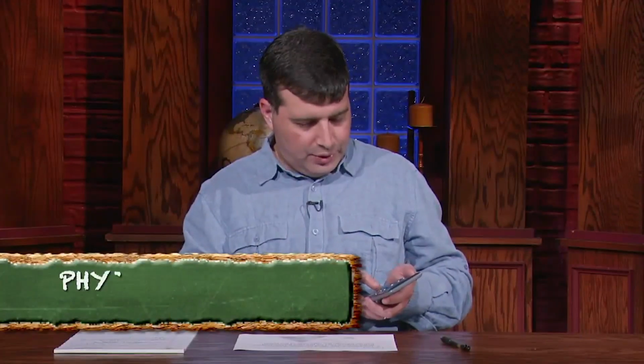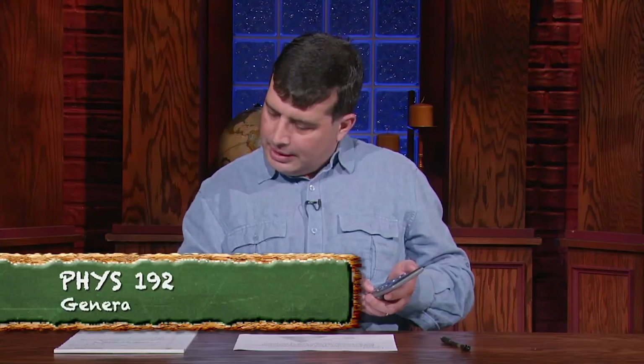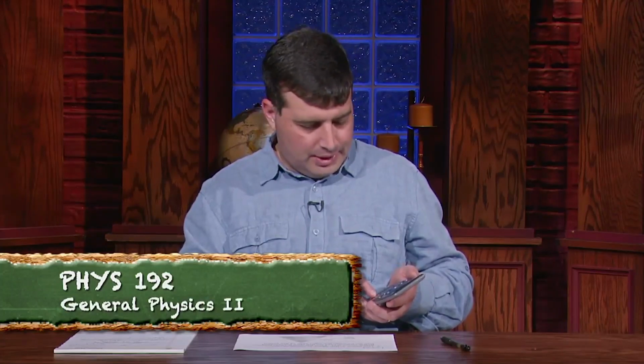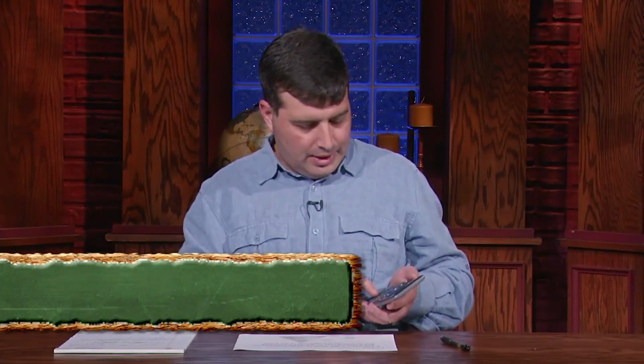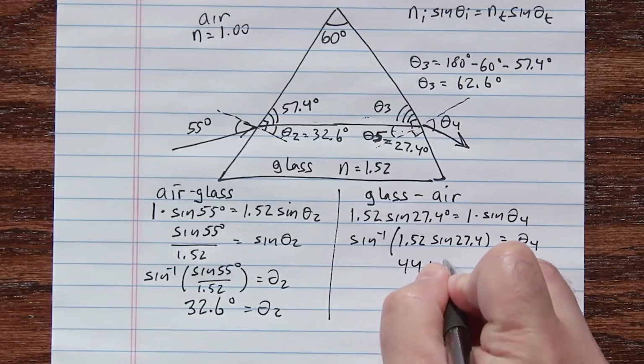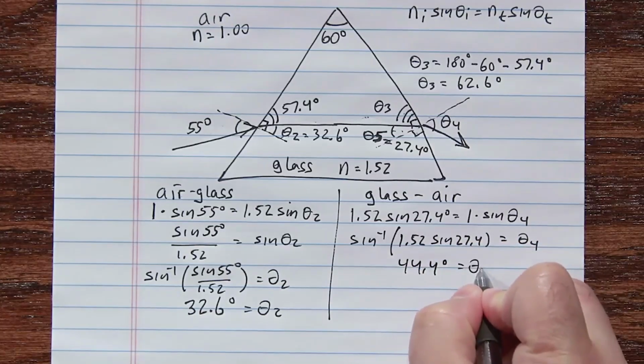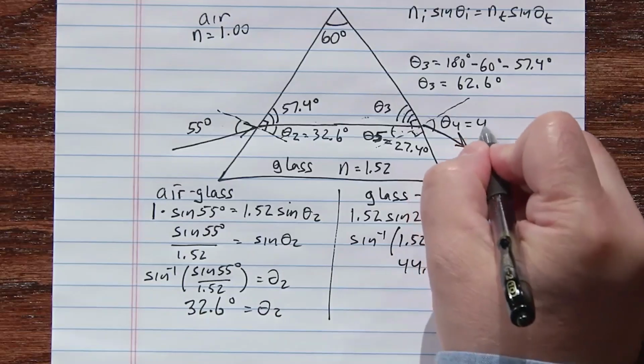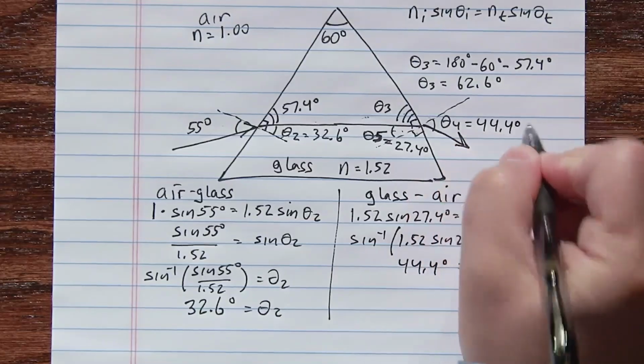And so what is that? Sine inverse of 1.52 times the sine of 27.4 is 44.4 degrees. That is theta 4.